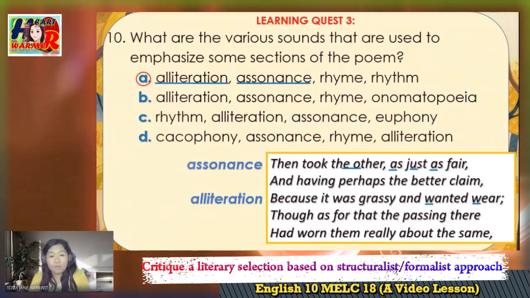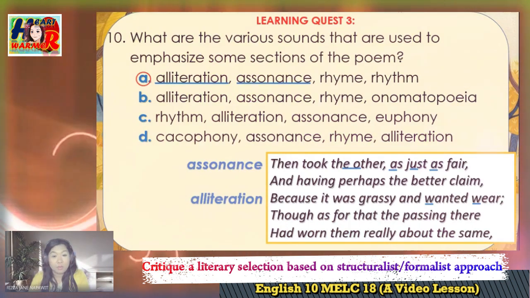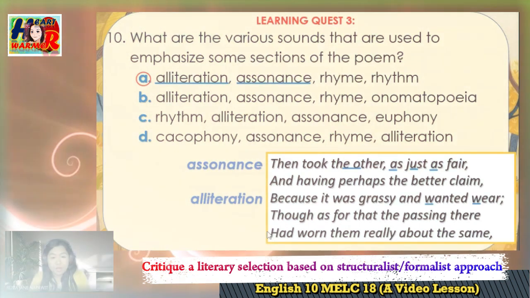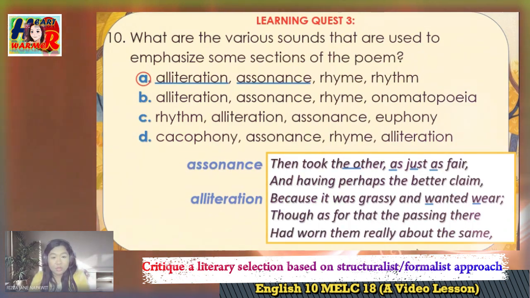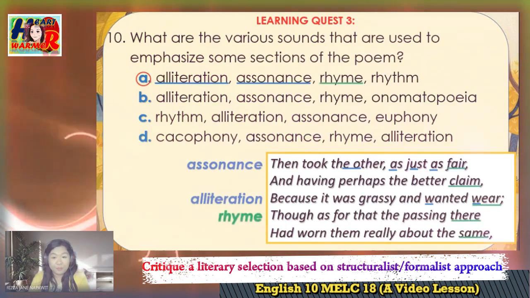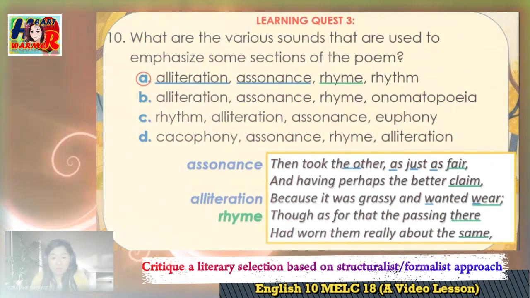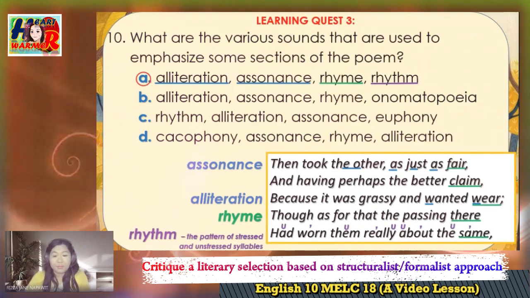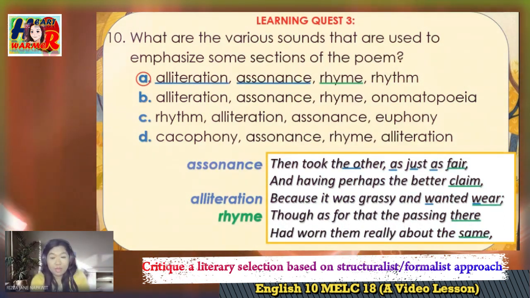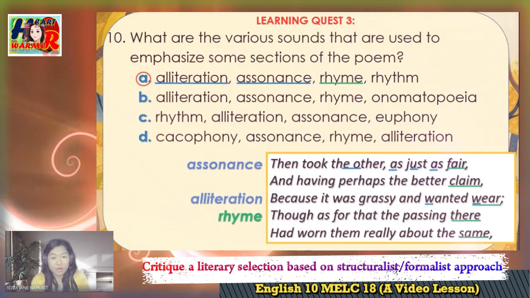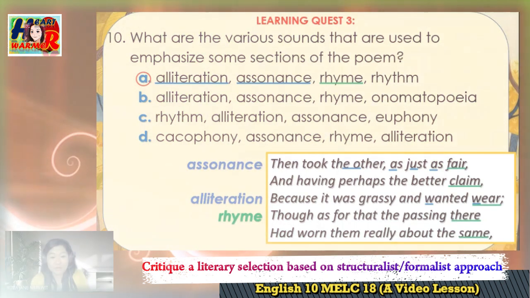So we have a similar vowel somewhere in between, in the sound of the words. So that's assonance. Then we have also rhyme. So "fair" rhymes with "wear" and "there," and then "claim" and "same." So that's rhyme. Those are the words that rhyme.